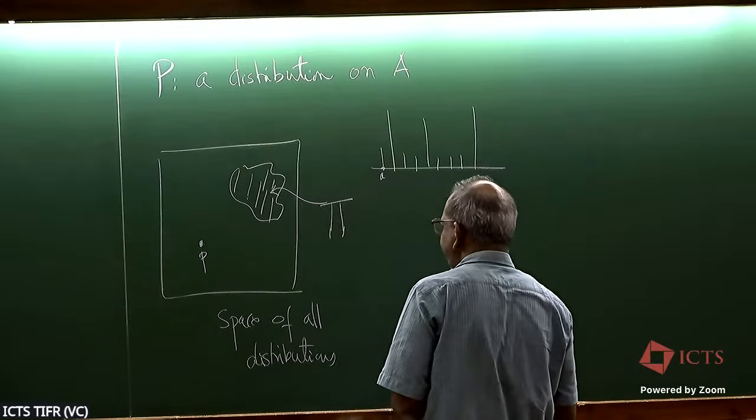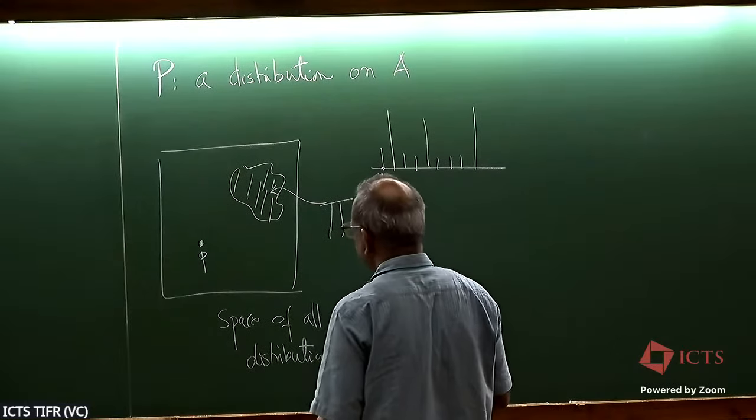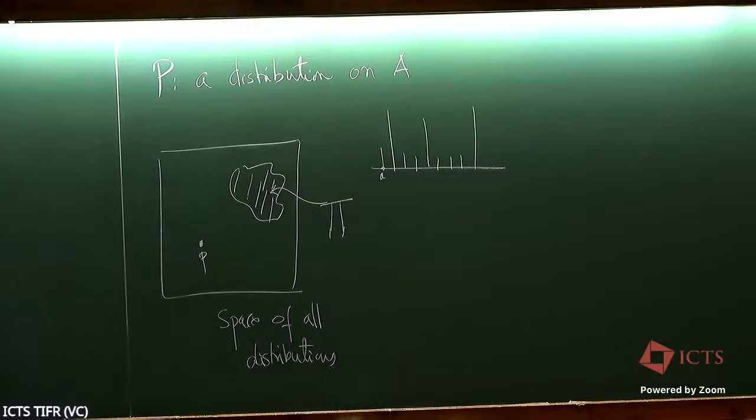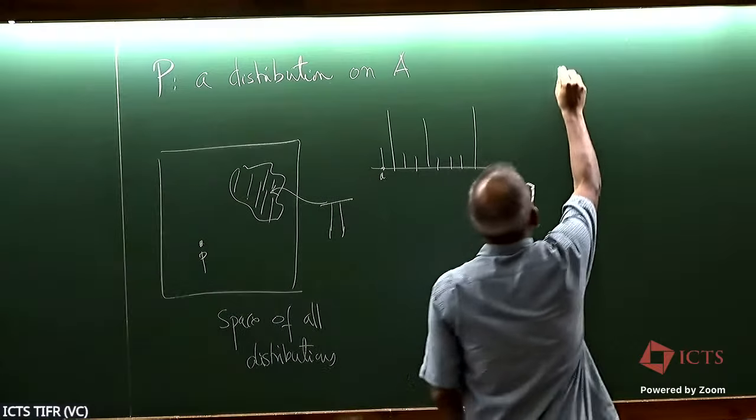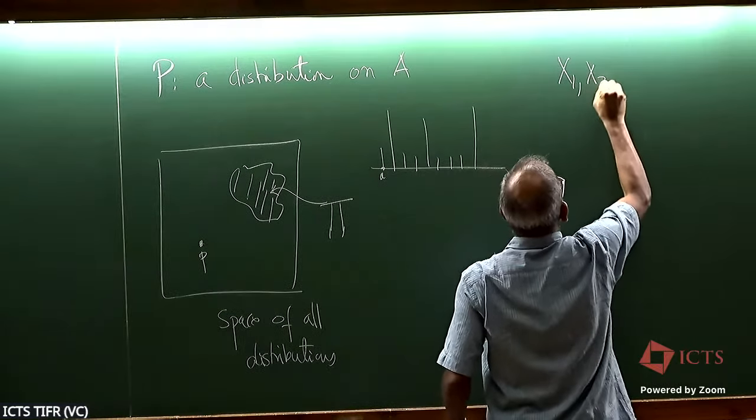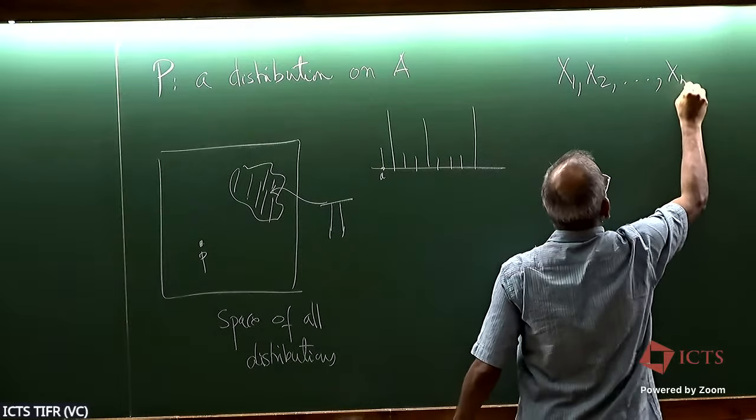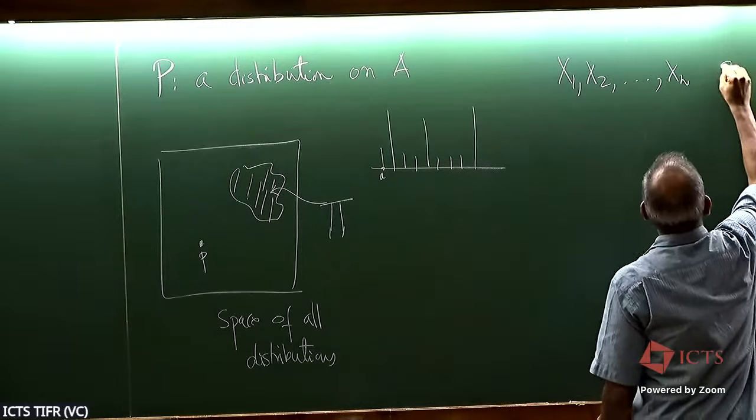So it turns out, let me write down the theorem. x1, x2, up to xn, samples from P, IID.